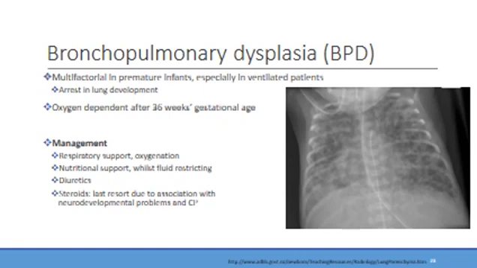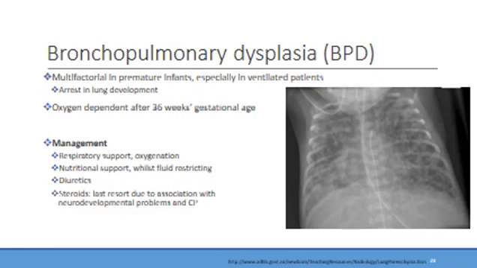Due to antenatal steroids, early surfactant administration, and gentle ventilation techniques, we do not see the typical BPD with lots of lung fibrosis and severe damage to the lungs, but we rather refer to this as the new BPD, where there is an arrest in lung development.